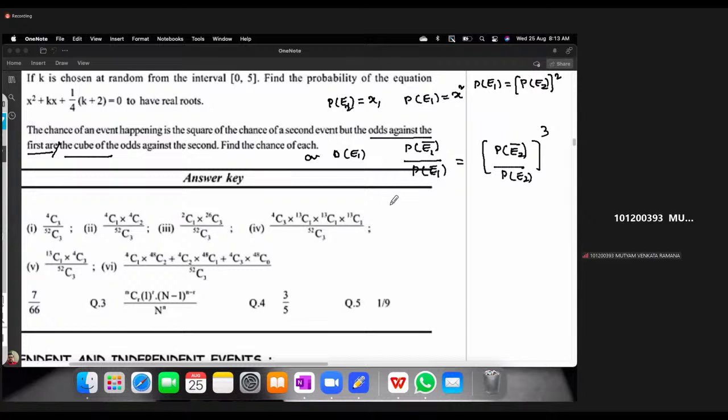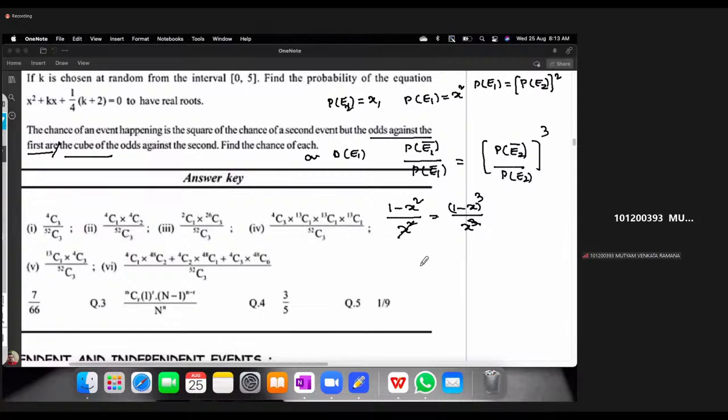So probability of E1 bar is 1 minus x squared by x squared, and probability of E2 is 1 minus x whole cube by x cubed.